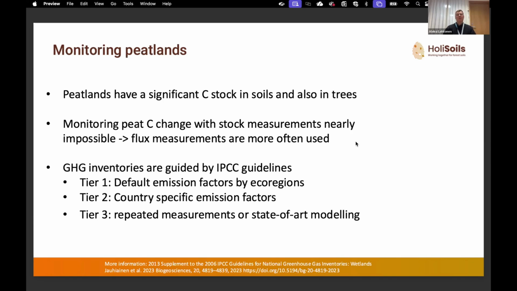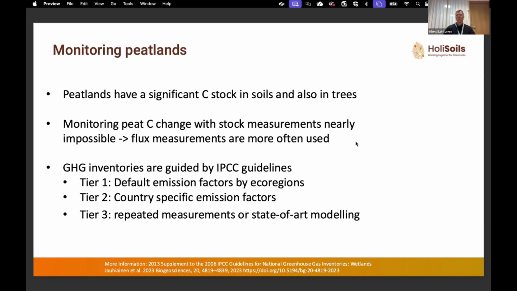But then if we look at the greenhouse gas inventories and the IPCC guidelines, these guidelines have methods that allow countries with different levels of detail to do their reporting. So to start with, we have the tier 1 method, which is default emission factors by so-called ecoregions.